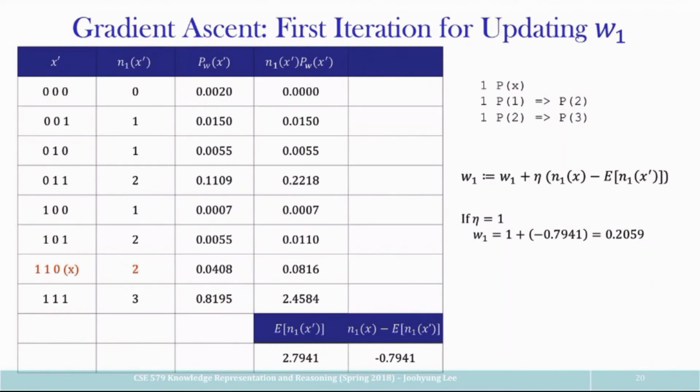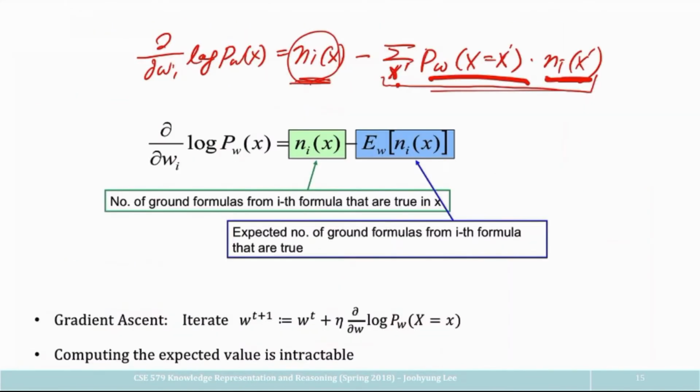Let's look at an example. But before we do this example, I just want to make sure that you follow this expression. Just remember this, and I'm going to show an example in the next slide. Note that in an MLN there are multiple formulas, right? Let's look at only the ith formula.